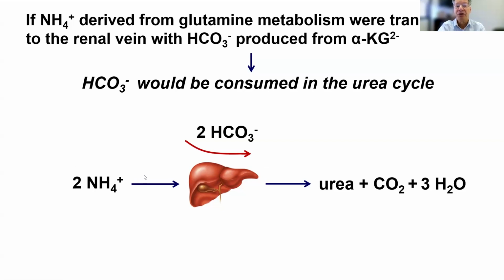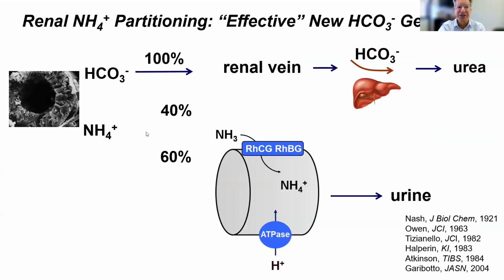So if all the ammonia that was generated, the ammonium that was generated from glutamine went across the basolateral membrane into the renal vein, and it all went with bicarbonate to the IVC in the liver, you'd basically be turning glutamine into urea, 2 neutral compounds, and you wouldn't be doing anything as far as creating a net bicarbonate load to match the daily hepatic proton load. So clearly that can't be allowed to occur. And what happens is that, not shown here, there should be 2 arrows here, I apologize.